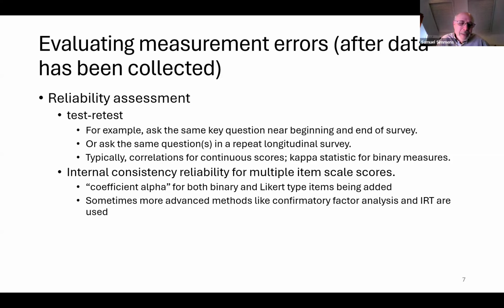In other cases, you might expect some change, but not a lot, so you wouldn't expect a perfect reliability score. If you're expecting a lot of change, it's still worthwhile doing that kind of assessment, but it's no longer truly a reliability assessment because it's being influenced by change.